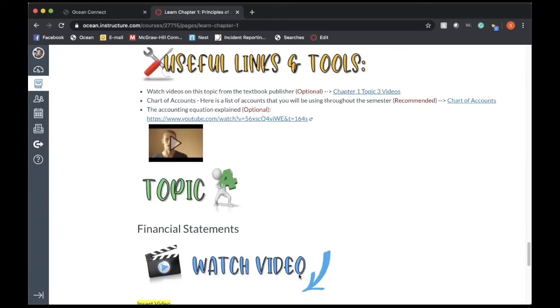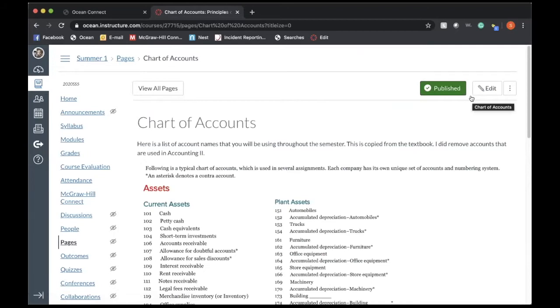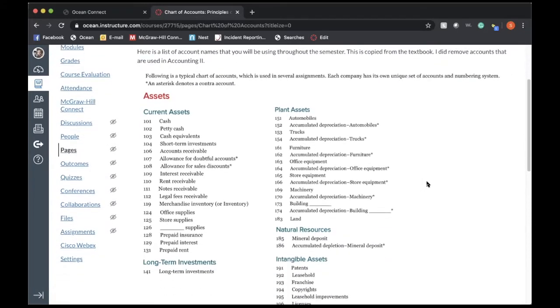After this video, at the bottom, I have a link to a chart of accounts. This is from the textbook. I did remove some accounts that we will not be working with at all in Accounting 1. Here's a list of assets you could potentially be using throughout this course.